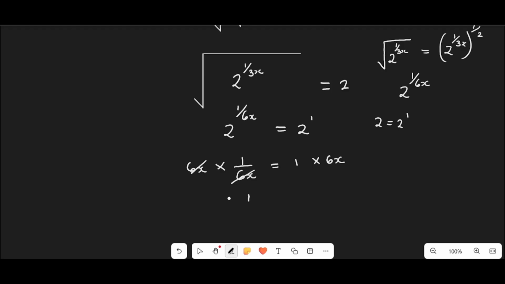So 1 equal to 6x. So divide both sides by 6 to determine our x. X equal to 1 over 6. That is the value of our x.